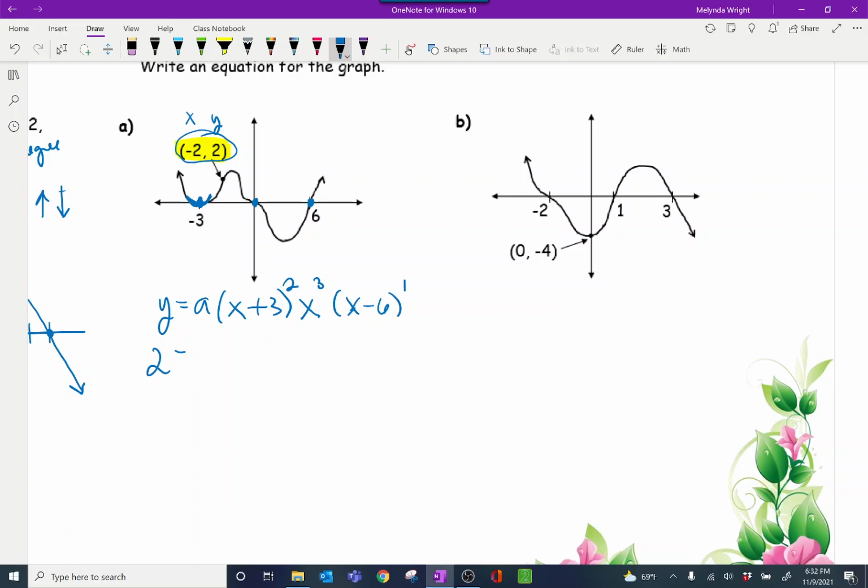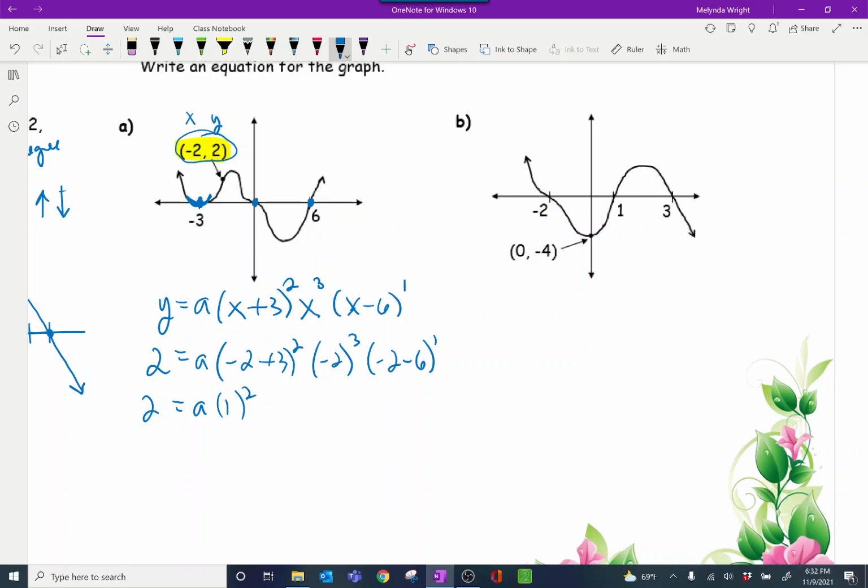Okay, let's do our arithmetic. Negative 2 plus 3 is 1, 1 squared. Negative 2 times negative 2 times negative 2 is what? A negative 8. And then I have a negative 8 to the first.